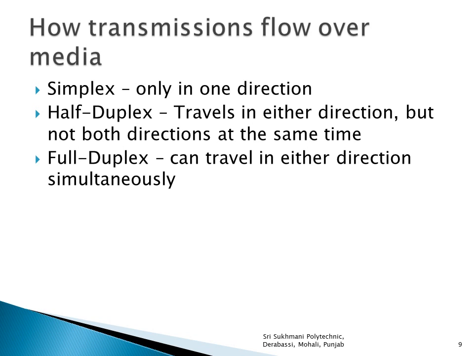It travels in either direction but not in both directions at the same time. When the teacher is speaking, no student should speak. And when a student is asking a question, the teacher should listen to the question. If this is the way, then it is half duplex.